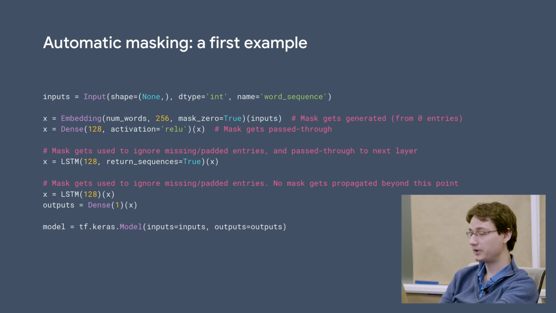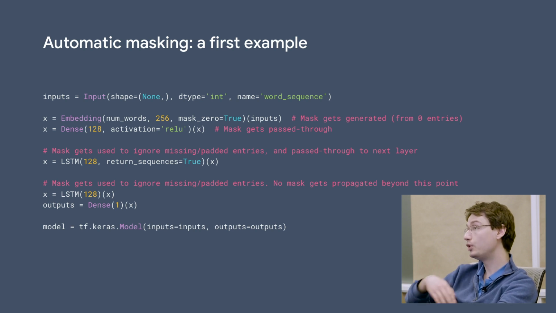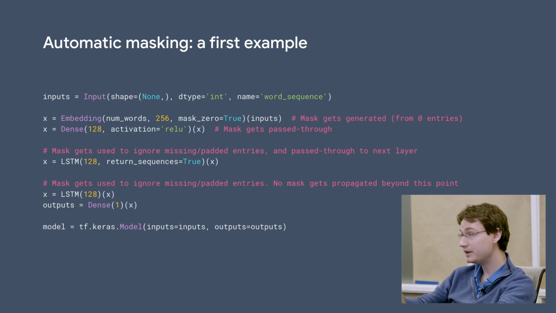So if you have something like per time step classification, and you have time steps that are padded or masked, they will be completely ignored by the loss.